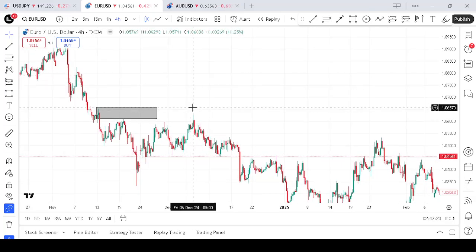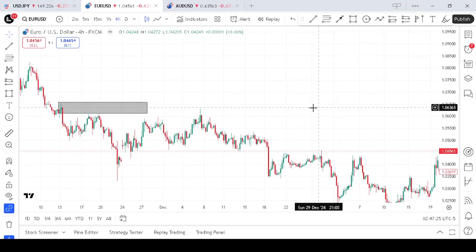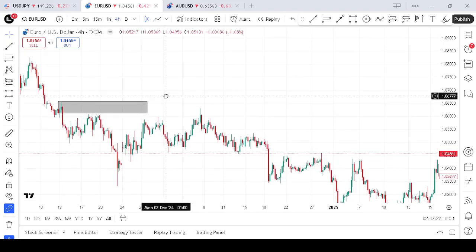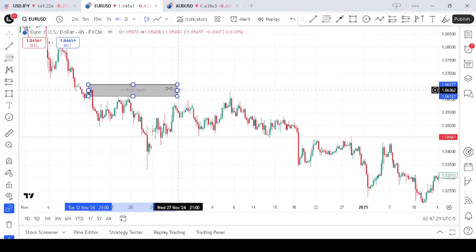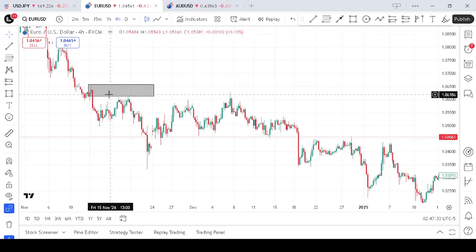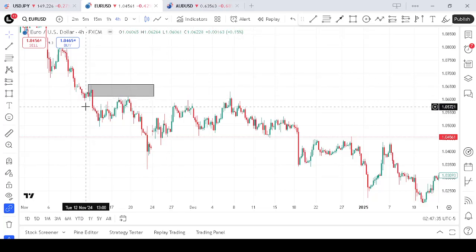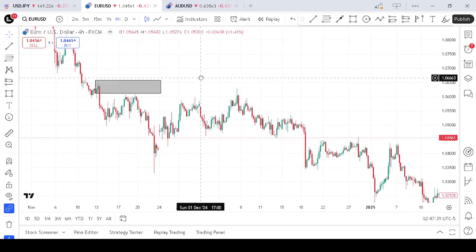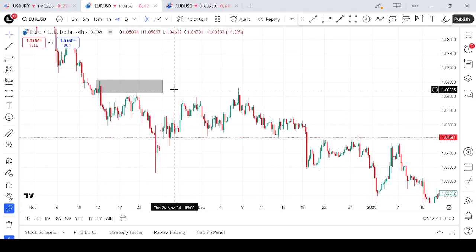Now let's look at an example. This is an example of an unmitigated order block, and there are a lot of examples on the chart, but let's make do with this. There are key characteristics of unmitigated order blocks.